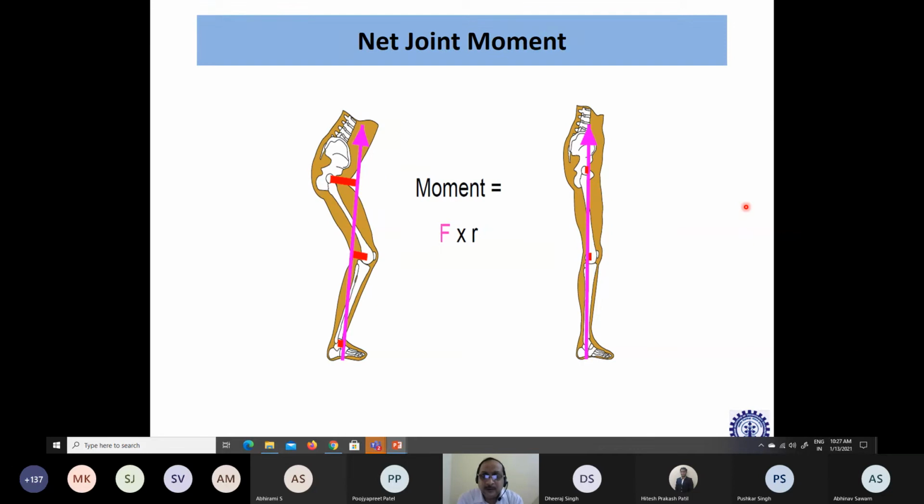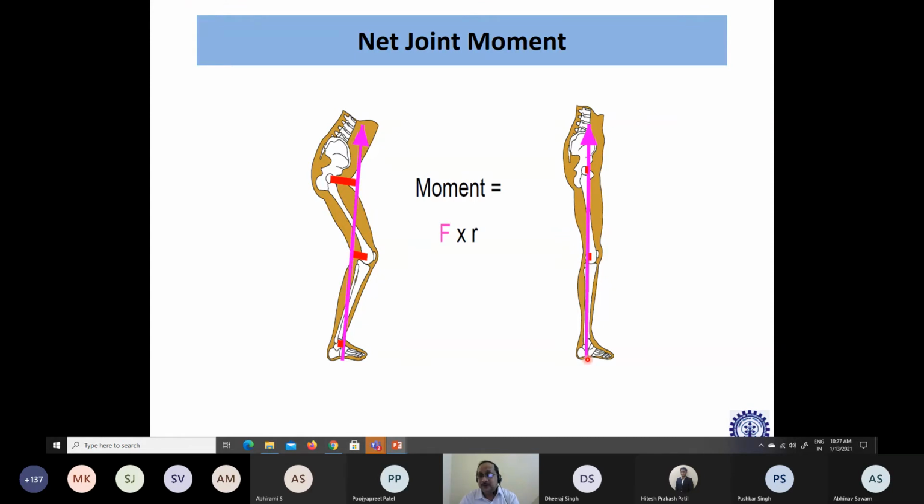Now we move to the forces and moments. Now, you can see, when we are in a pure standing posture, standing straight, that is the position that is represented on the right. So there is a ground reaction force.